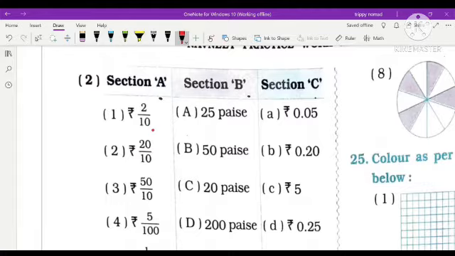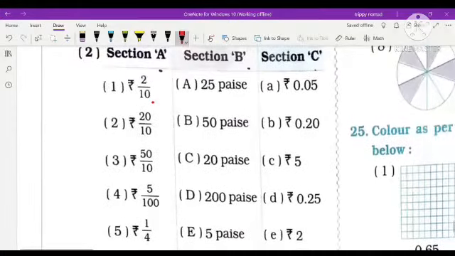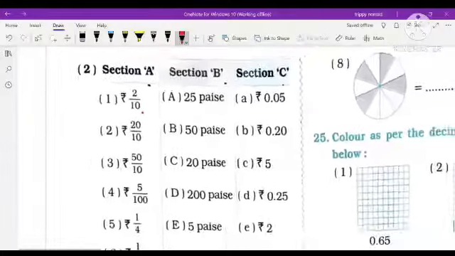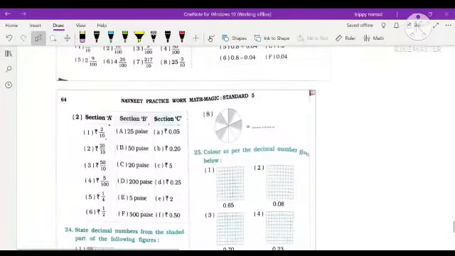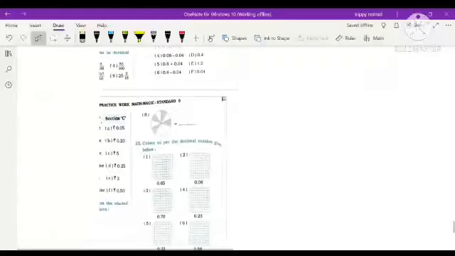2/10 rupee is equal to how many paise? All of you know that 1 rupee is equal to 100 paise. So let us solve. I will show you.